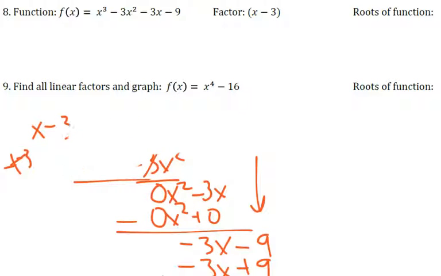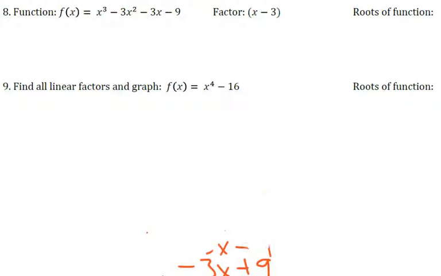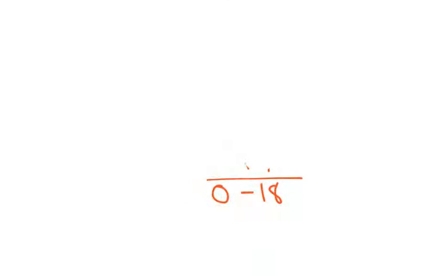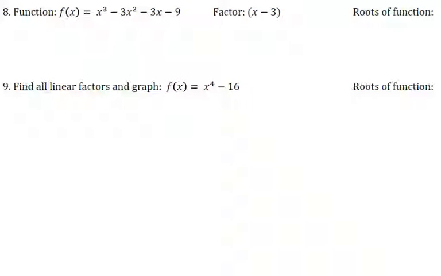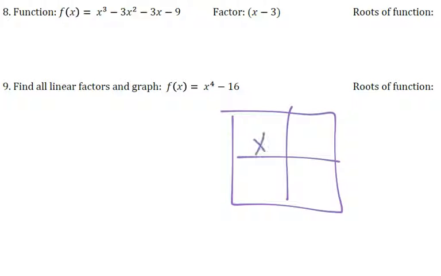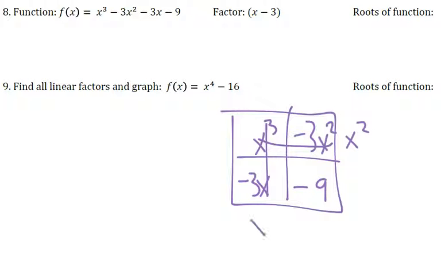But I wonder if we could do the box method, because when you run into this, that's going to give us some problems, because now what do we do? How do we factor this? Well, another method we can try is the box method. So we've got x cubed, negative 3x squared, negative 3x, negative 9. So I could pull out an x squared, pull out an x.